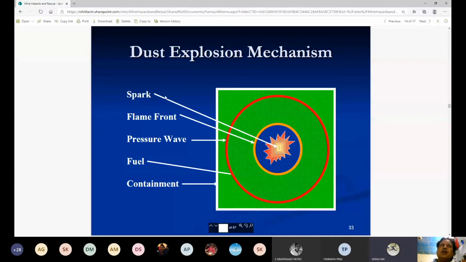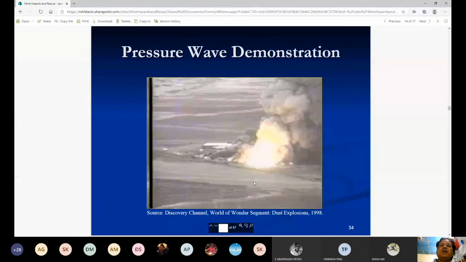So this is the dust explosion mechanism: spark, flame front, pressure wave, fuel, and containment. The pressure wave starts from the point of ignition, and it moves on.